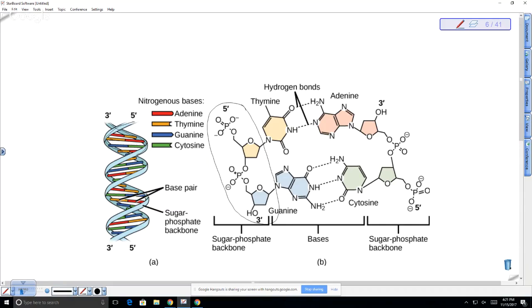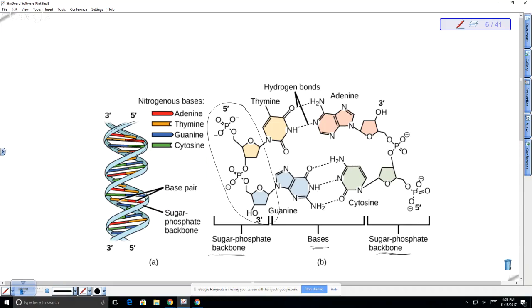These are the nitrogenous bases, so they make the rungs of the ladder. Notice that these hydrogen bonds are really weak. So when you apply heat or enzymes, you can easily separate the DNA molecule into 2 single strands. Sometimes this is called the sugar phosphate backbone, and the bases are the rungs of the ladder.